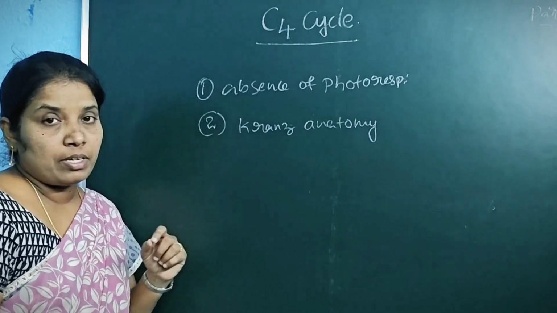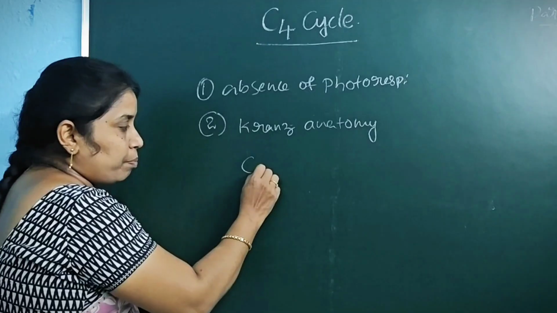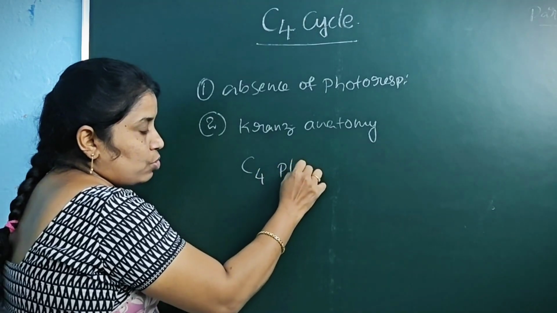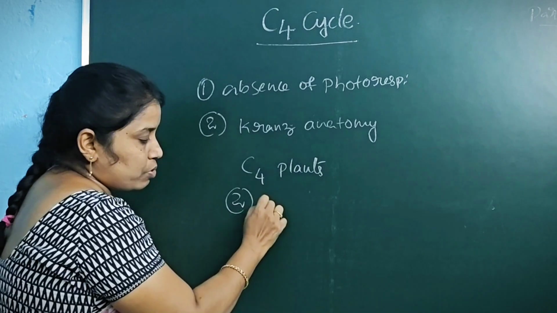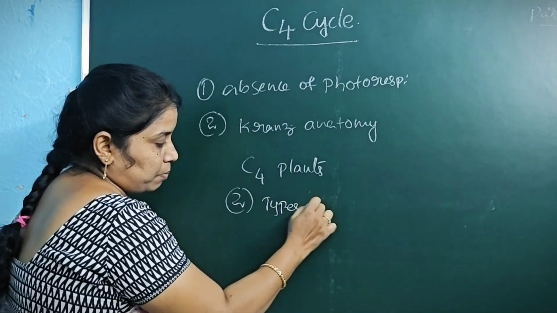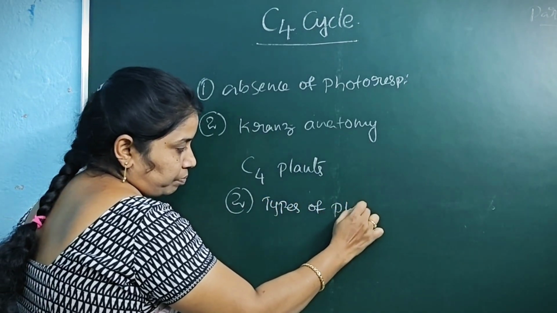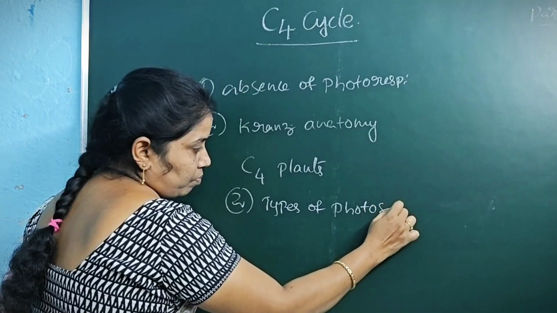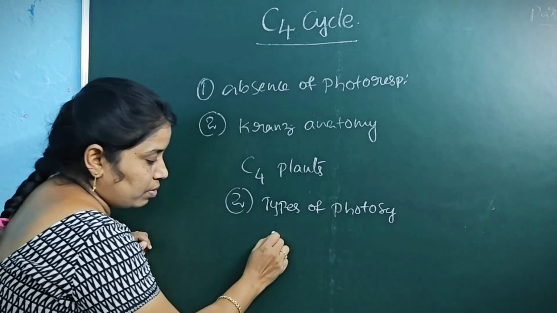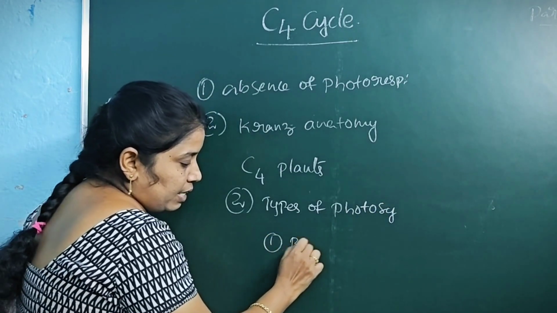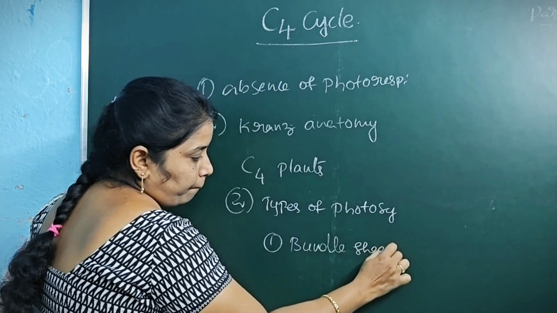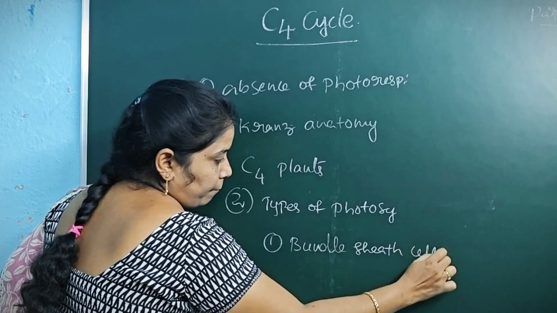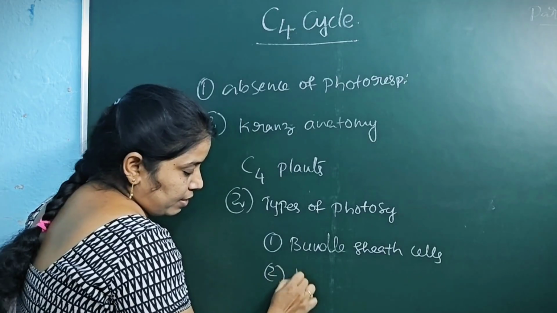Kranz anatomy means C4 plants have two types of photosynthetic cells, such as bundle sheath cells and mesophyll cells.